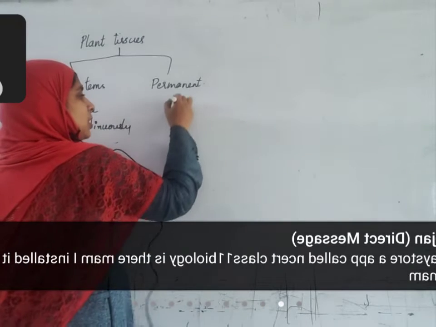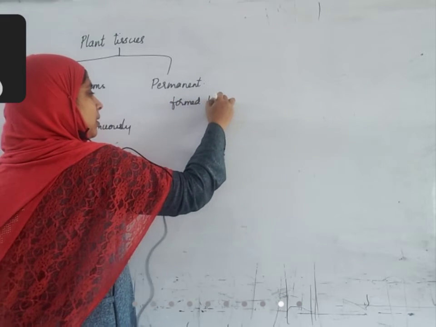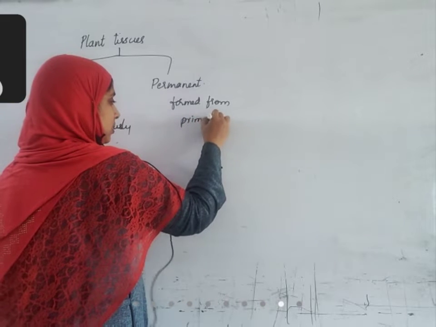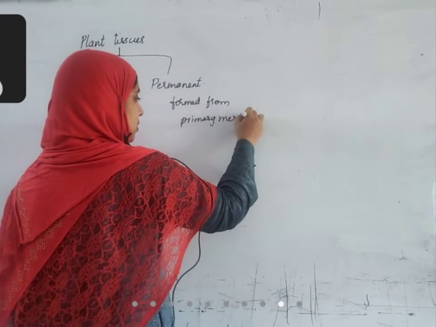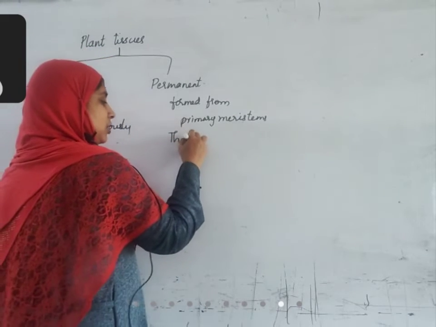Permanent tissues are formed from primary meristems. They do not divide.